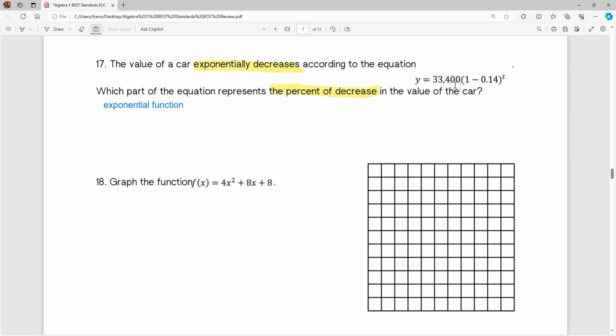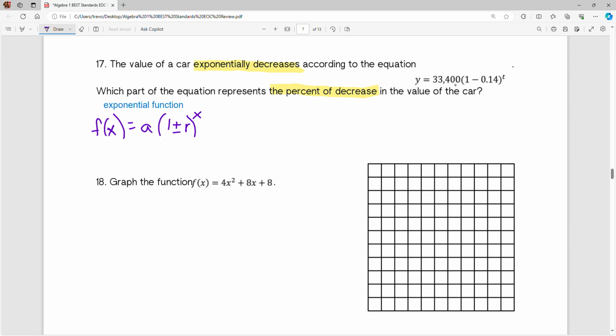So when we look here, f of x equals a times 1 minus r, plus or minus r to the power of x.